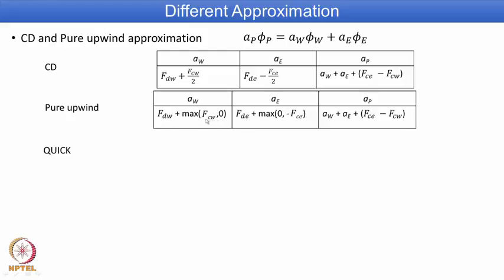It takes whichever of the two is the maximum, which is introduced for the purpose of the direction of the flow. If the direction of the flow is from left to right, then it is positive and FCW will be used in that expression. Similarly, if the direction is negative, then FCW will be negative, 0 is the maximum, and accordingly the contribution from that node will not be considered.